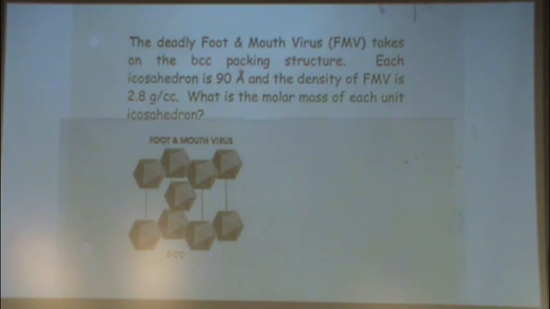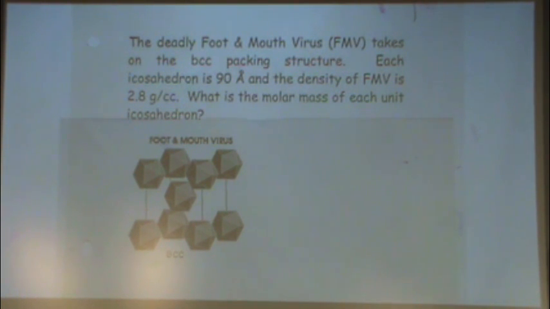Okay, so in this case, they want the molar mass of each foot and mouth virus represented by those polyhedrons there. Would you expect the molar mass for a virus to be a relatively small number or relatively large number?